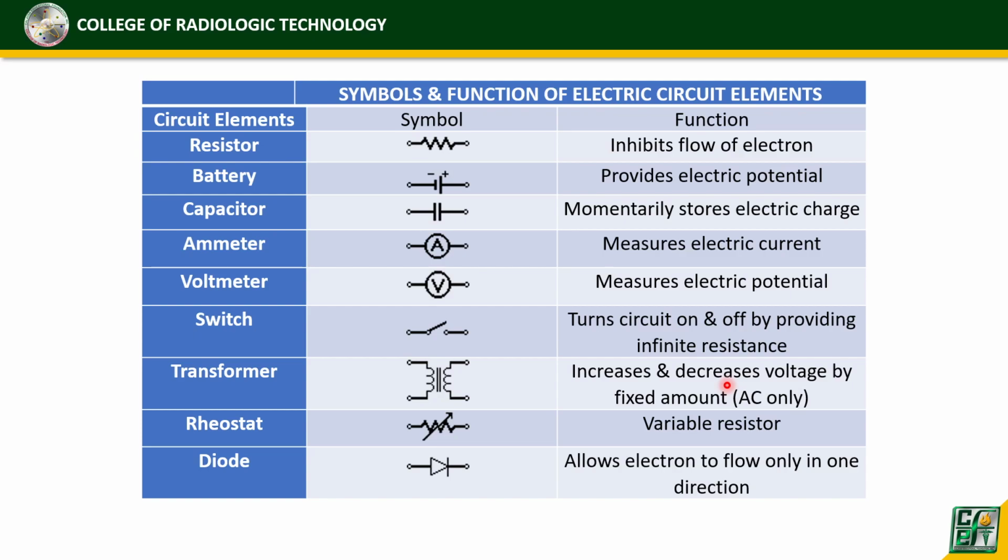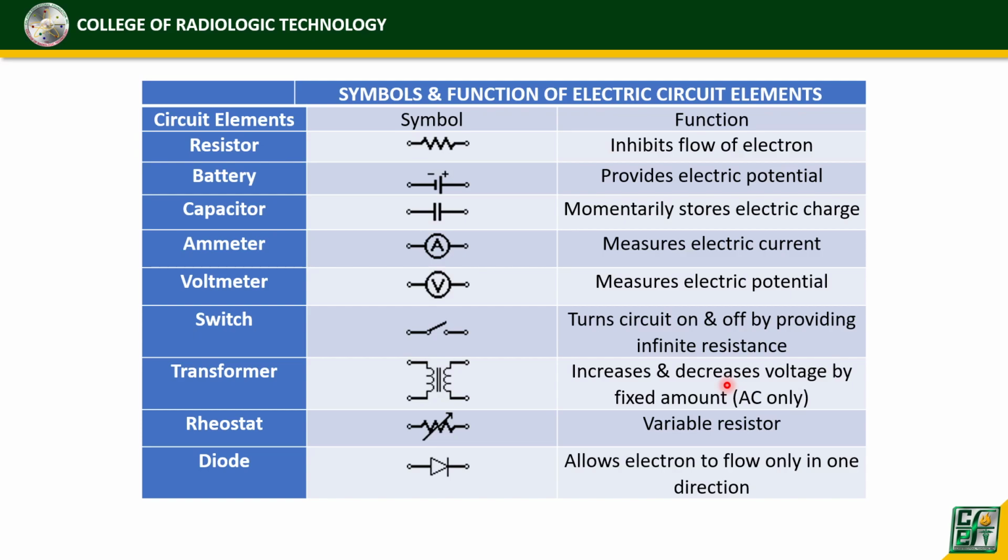Kaya syempre pag naka-off siya, may resistance. As long na hindi mo siya i-on, hindi mawawala yung resistance niya. Then, the transformer, okay, and rheostat, a variable resistor, and diode allows electron to flow only in one direction. Okay, bakit?